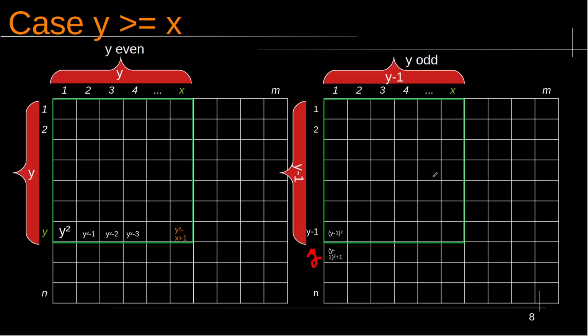We can use this formula, y minus 1 square plus 1, we have there. And here y minus 1 square plus 2, plus 3, etc., until y minus 1 square plus x. You see. Okay.